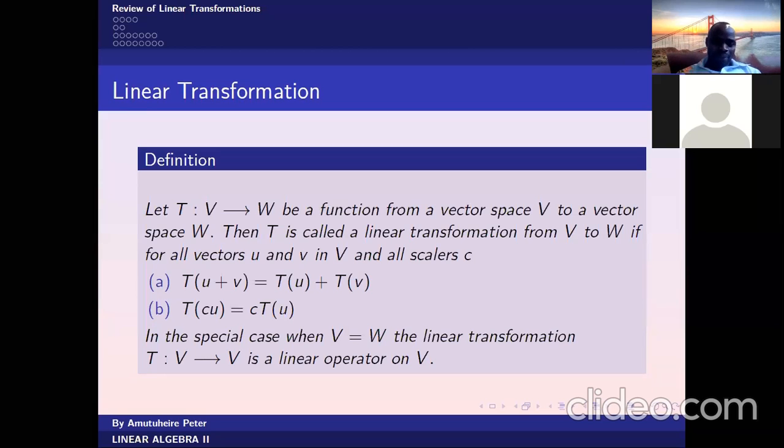You give it an input, it processes it, and it returns the output. So likewise, this transformation T, when you give it vectors in V, it works on them according to the way it is defined, and then it returns vectors in W. And so this is a map. So if that map satisfies these two properties, then it is called a linear transformation. And if it is working within the same vector space, then we have what we call a linear operator.